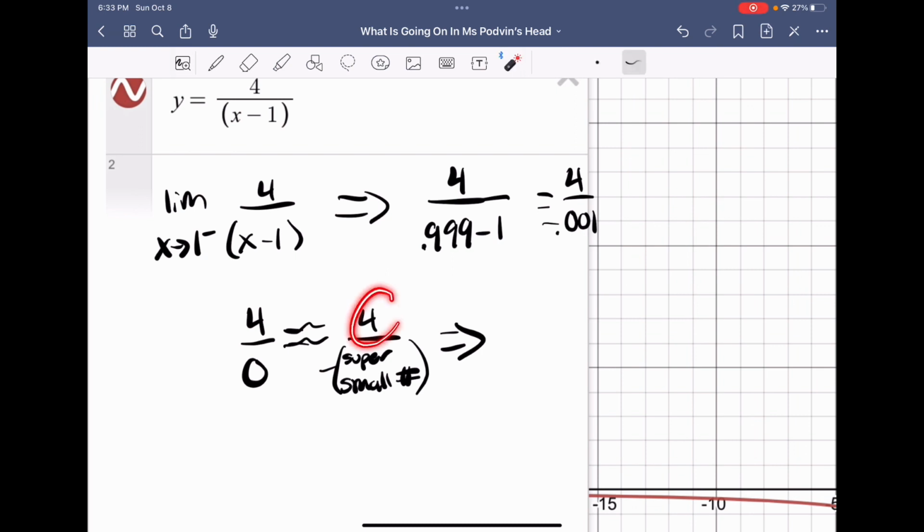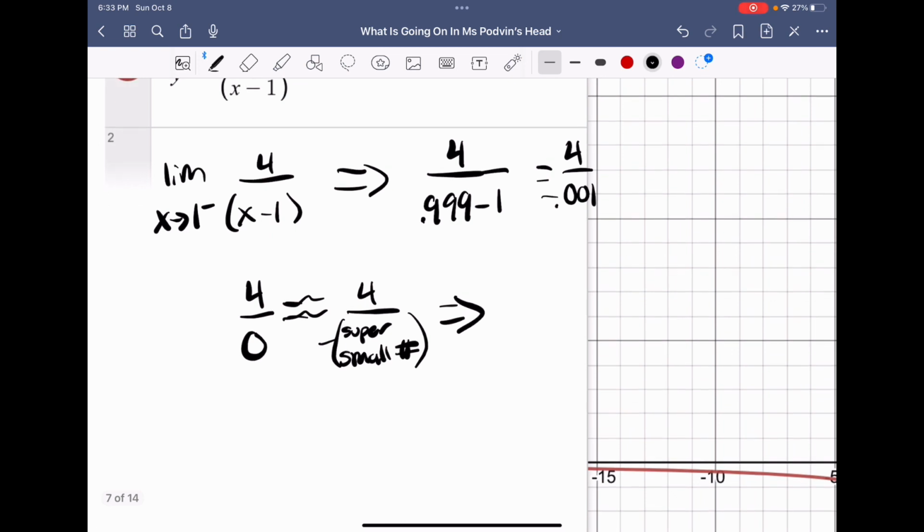This 4 is pretty irrelevant. But what we need to remember is this negative. Because the smaller we get, the more we are going to be multiplying by 4 to end up with a bigger number, if that makes sense. So if this was 4 over negative 0.001, we would actually be multiplying 4 by 1,000.